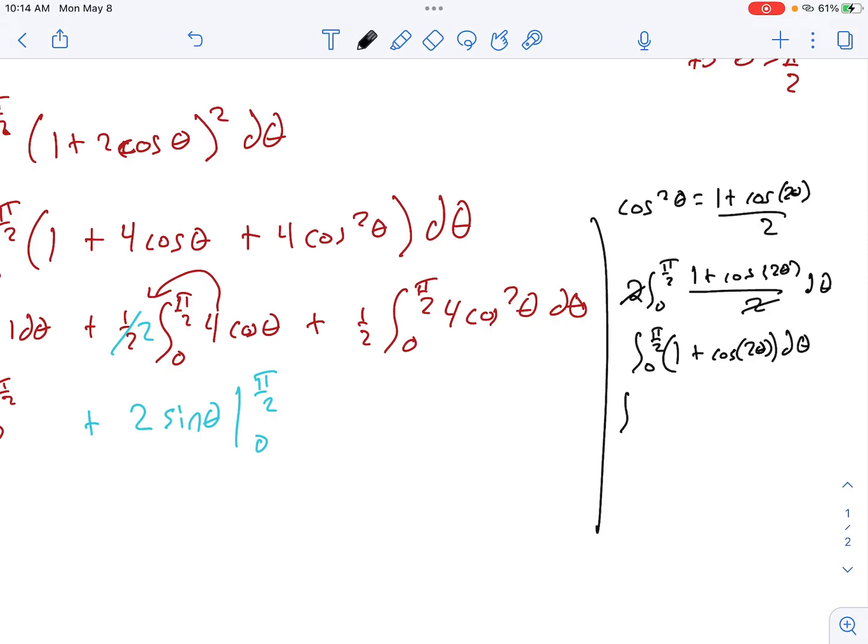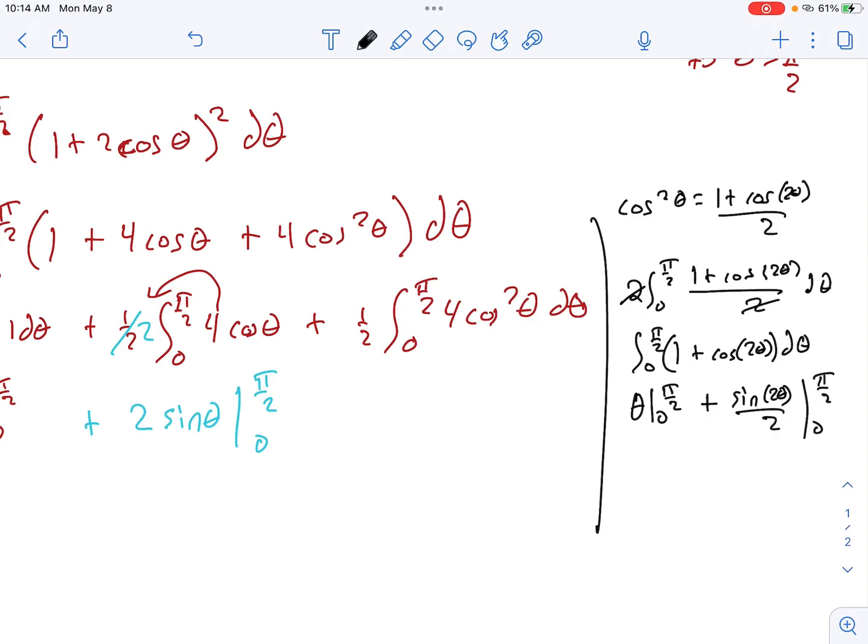We could separate it out, and so you get the antiderivative of 1 in terms of theta becomes theta, evaluated from 0 to pi halves. And then the integral of cosine 2 theta is going to become sine 2 theta. Then you have a little bit of u substitution in there, so sine 2 theta divided by 2 is what that would become.